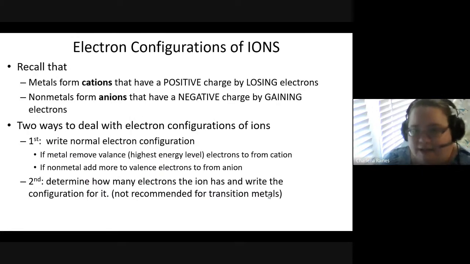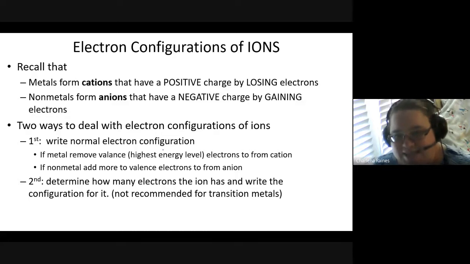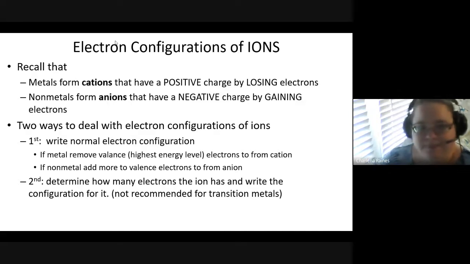Alrighty, last but not least, electron configuration of ions. So you have to remember that metals form cations, and they form those cations by losing electrons. They form those positive charges by losing electrons. My nonmetals, those right side of the periodic table elements, form anions, and those anions have a negative charge because they went out and stole electrons.